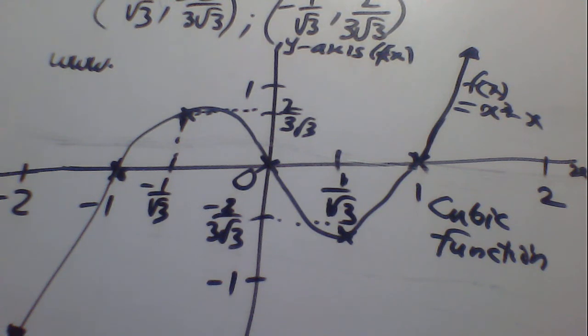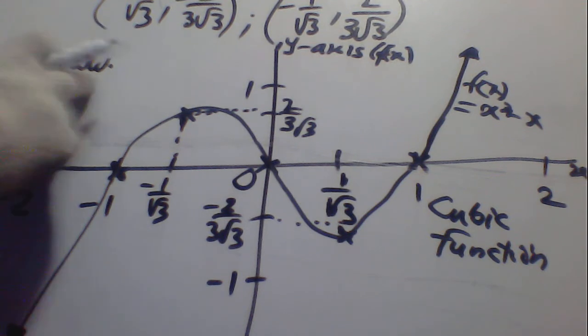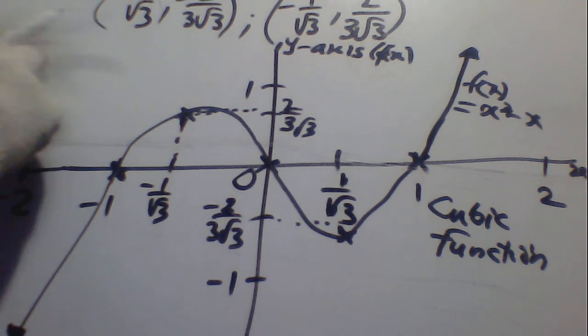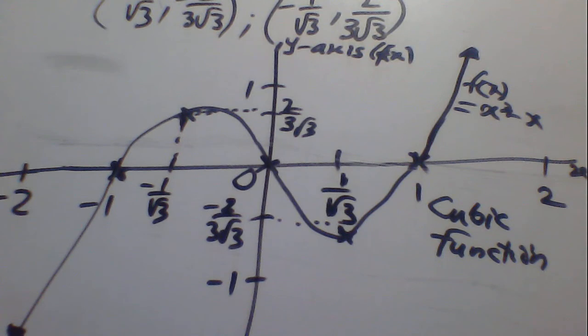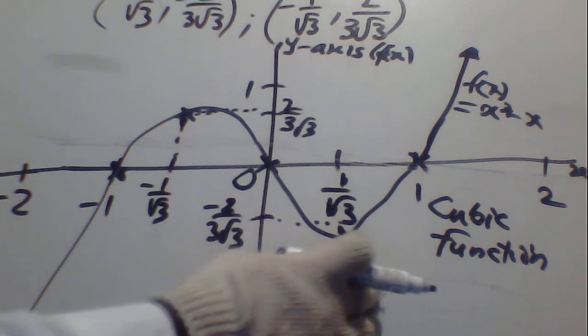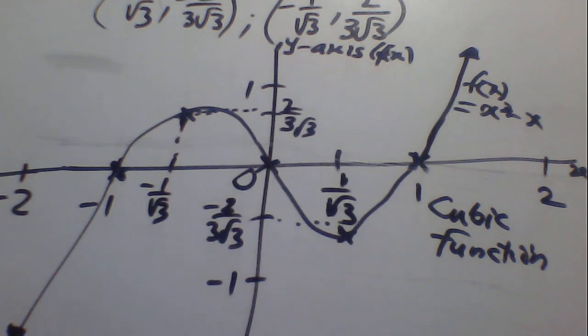At the end of it, I will give you where you can go and check how the graph looks. You can confirm the graph at this website. I will give you the website at the end of the class. So this is the cubic function, f of x equals x raised to power 3 minus x. This is how you can plot the graph and determine that it is a cubic function.